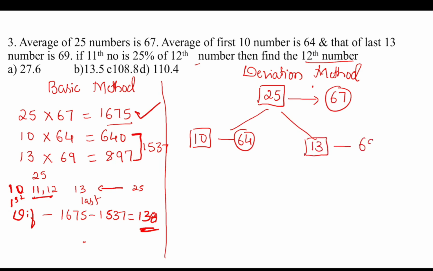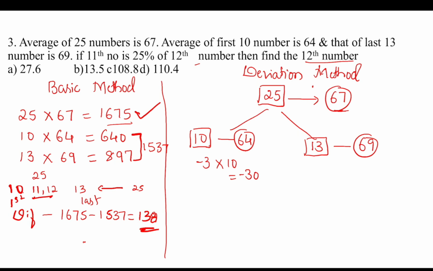Okay, now 64 is the average of first 10 numbers, but actually it should have been 67. So how much is it running short? 3, isn't it? So minus 3 means it is running short by 3. For how many numbers is it running short? For 10 numbers. So 3 into 10, so minus 30.